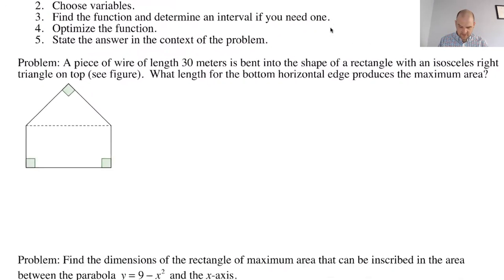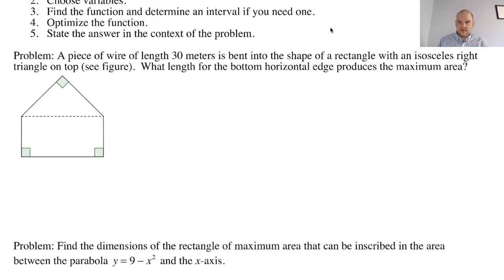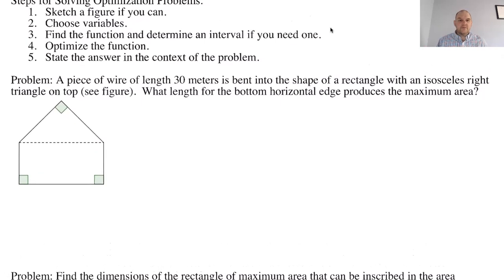So this is going to be an actual calculus problem, hopefully. And here we go. A piece of wire of length 30 meters is bent into the shape of a rectangle with an isosceles right triangle on top. See the figure. Okay, I don't know if that's what I would have imagined. What length for the bottom horizontal edge produces maximum area?